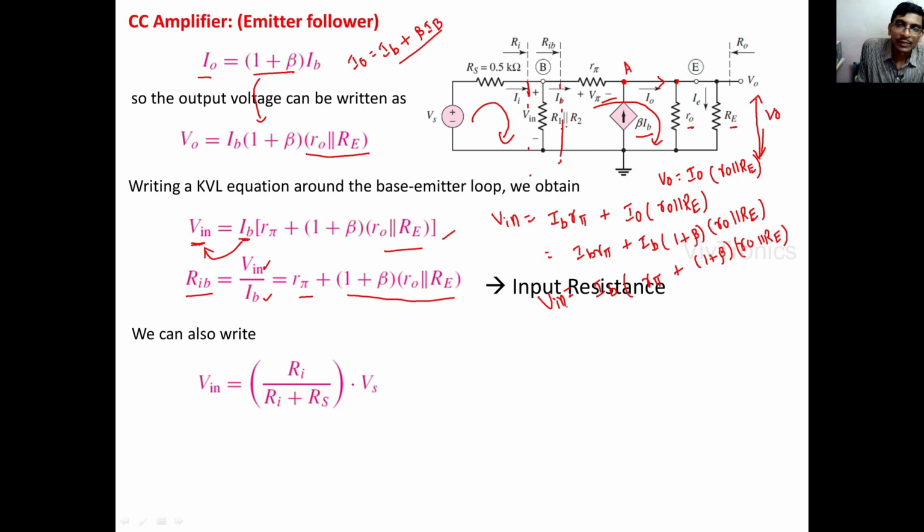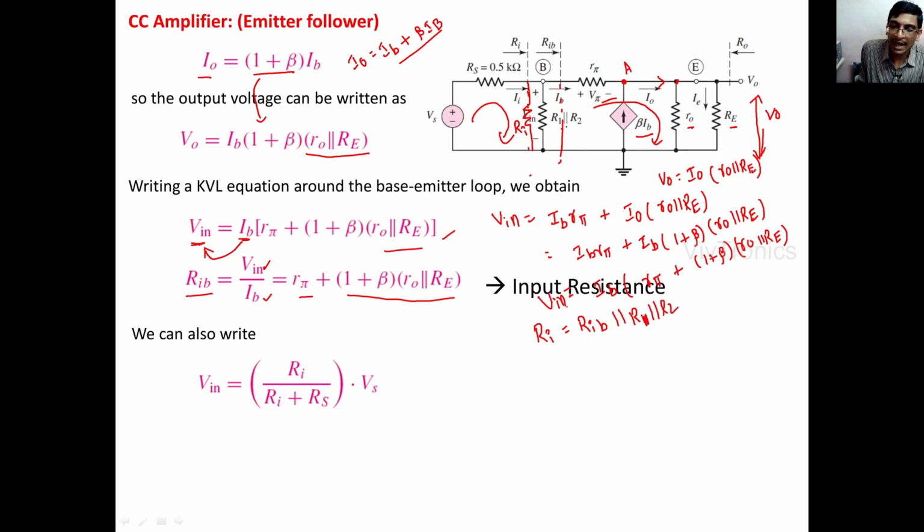Okay, here at the input side we have a resistance RI, that is a combination of what? RI is equal to the parallel combination of RIB in parallel with R1 parallel R2.